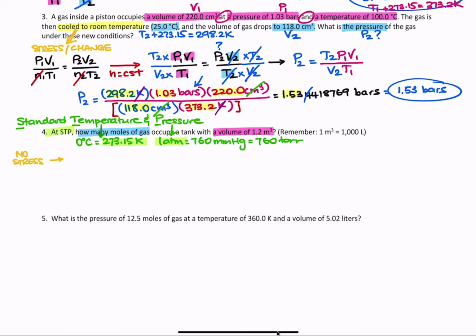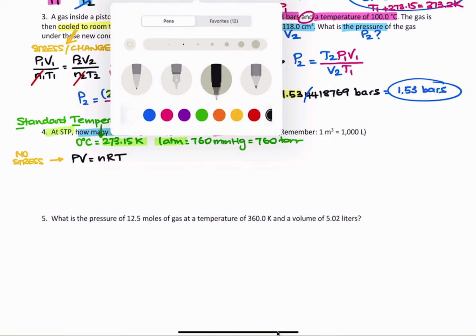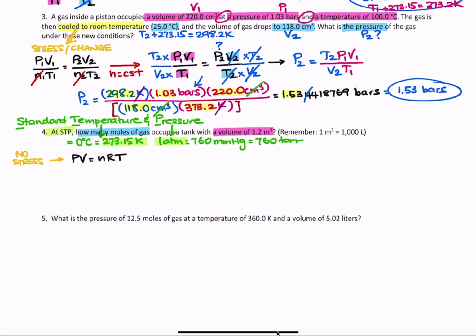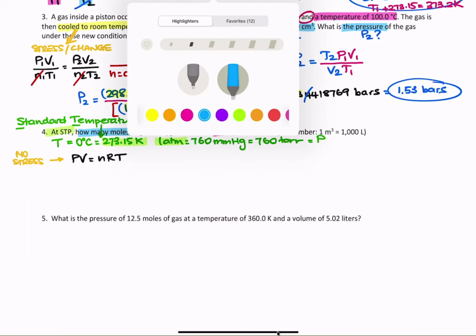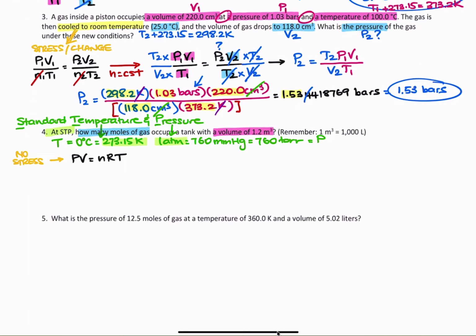We're going to be using the ideal gas law, PV equal nRT, where, since we are at STP, this is our temp and this is our pressure. So we are given here a temperature and here a pressure.